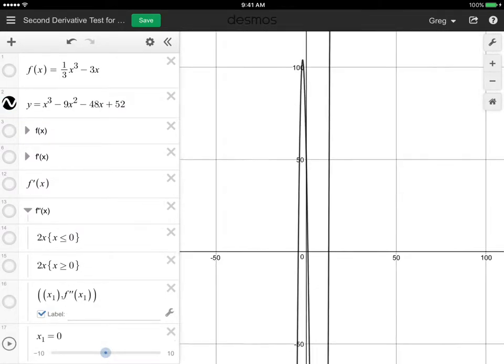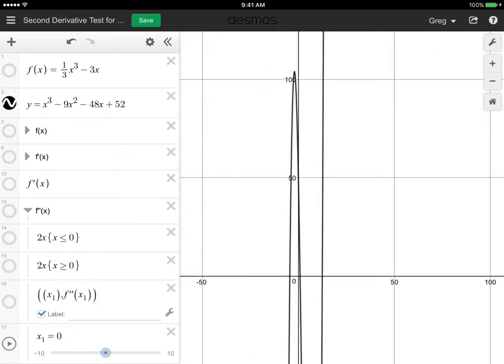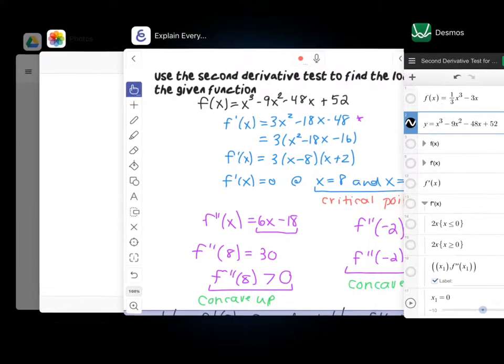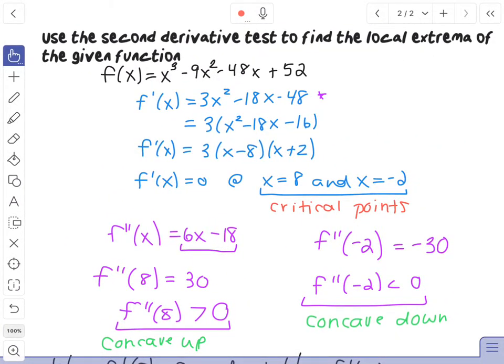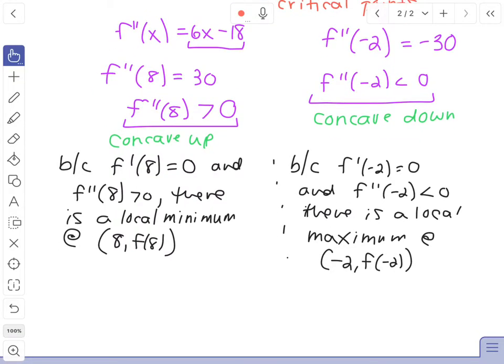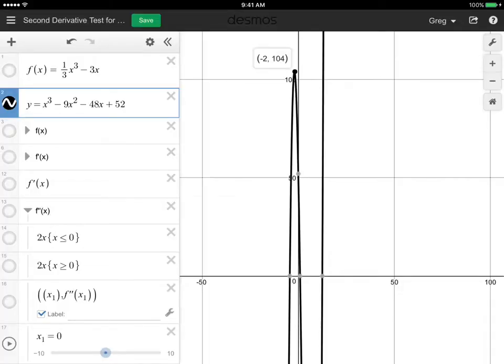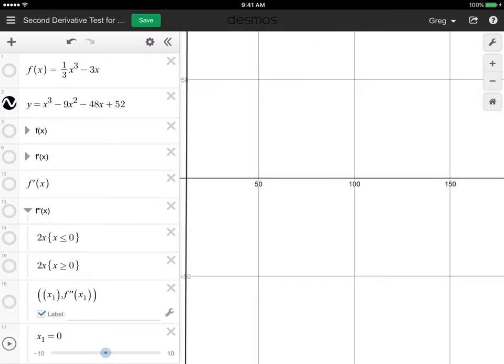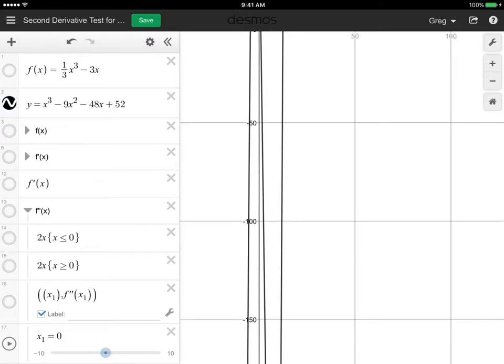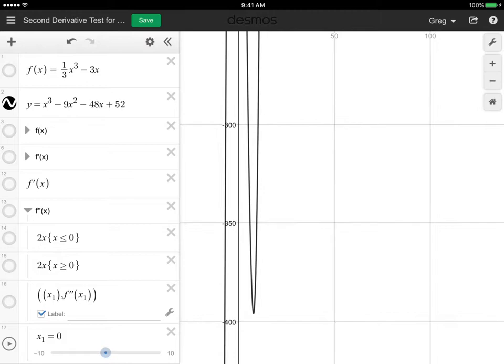We'll want to see, let's look at that maximum right there. So -2, which is again what we said, we thought there would be a maximum at the point -2. And we can see that its output is 104 if we wanted to write that down right now. So -2, 104 is a maximum value. And then we should see also at 8, we'd have a minimum. So let's go find the minimum over here.